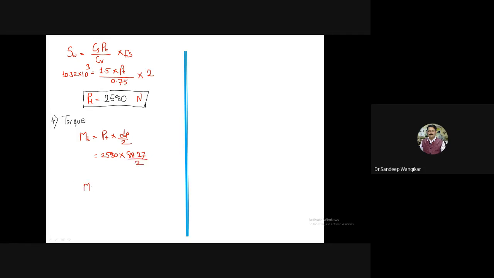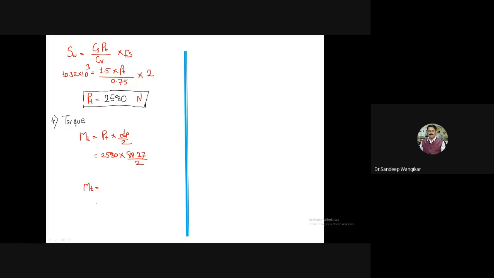So you will get the torque value as MT. Tell me the value for the torque. 113.86.